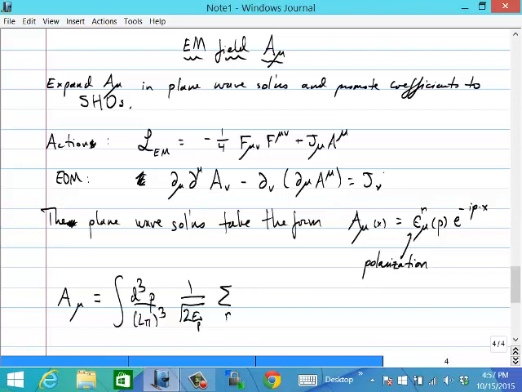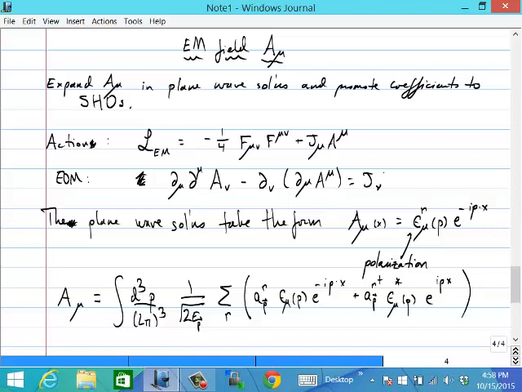So you sum over possible polarizations with coefficients A and A dagger multiplying the 2 different types. Let's call that epsilon star. So coefficients A and A dagger multiplying the positive and negative frequency plane wave solutions of Maxwell's equations.